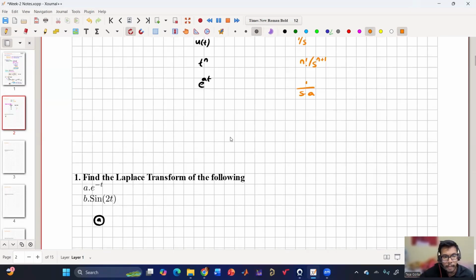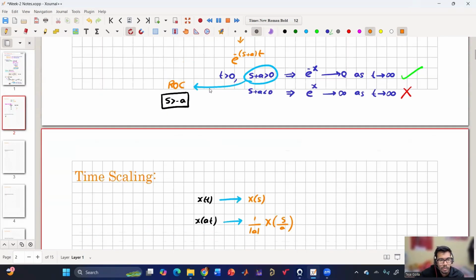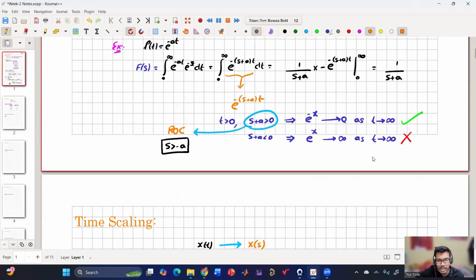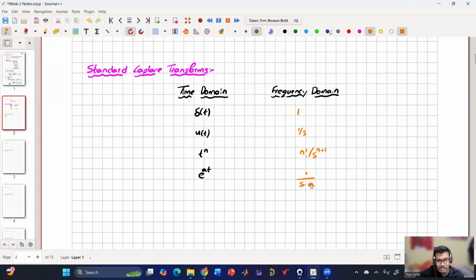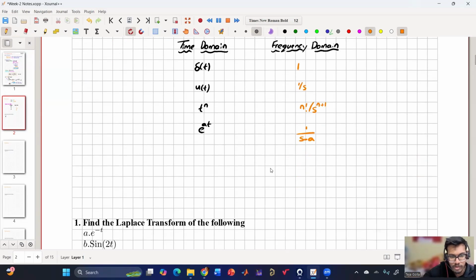In the previous problem, whatever we have e to the power minus at, we have 1 by s plus a. So this is 1 by s minus a, as if substituting minus a in the place of a. Now we have cos omega t, which is s by s square plus omega square.